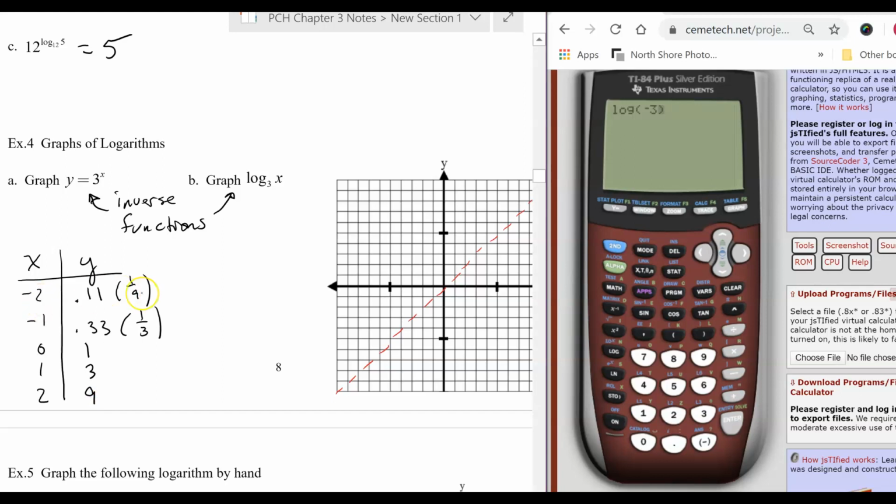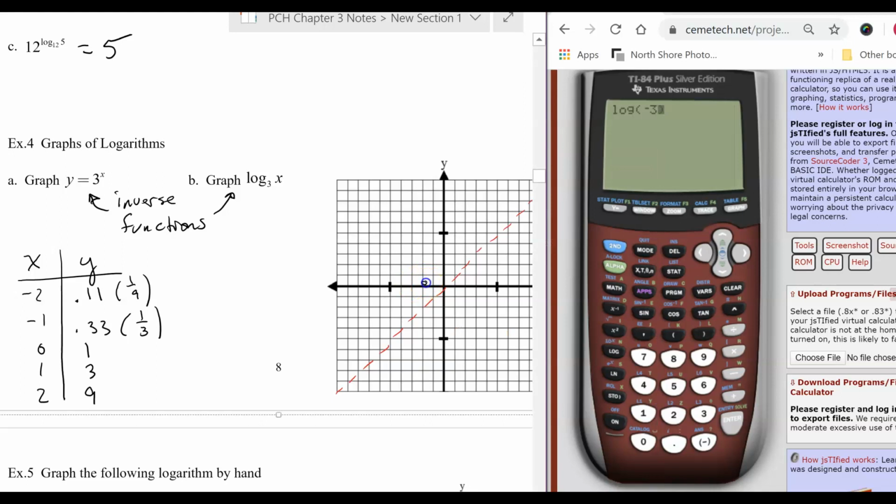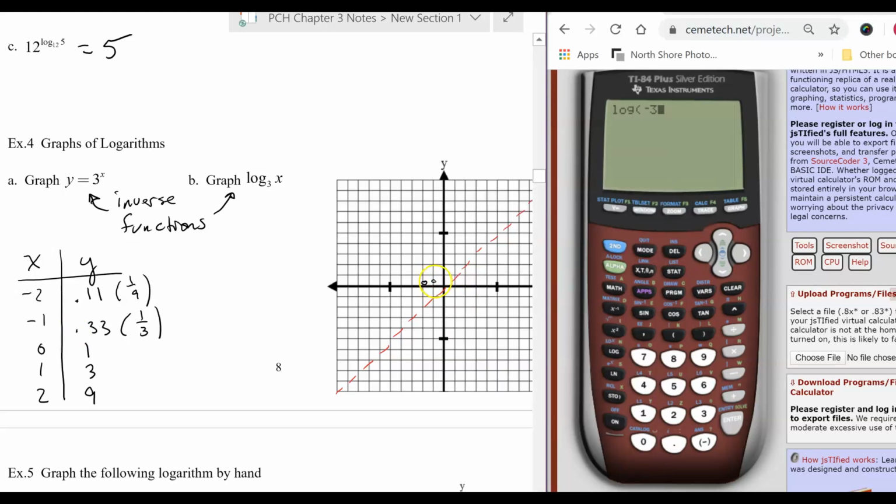I have -2 and 1/9. So somewhere about there. -1, 1/3. 0, 1, 1, 3, and 2, 9. I believe that's right there.